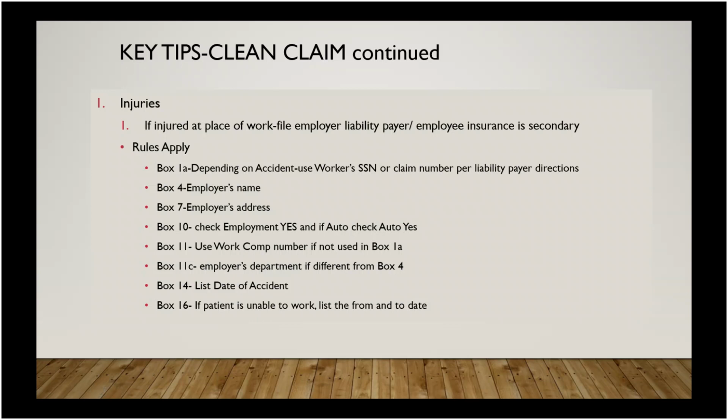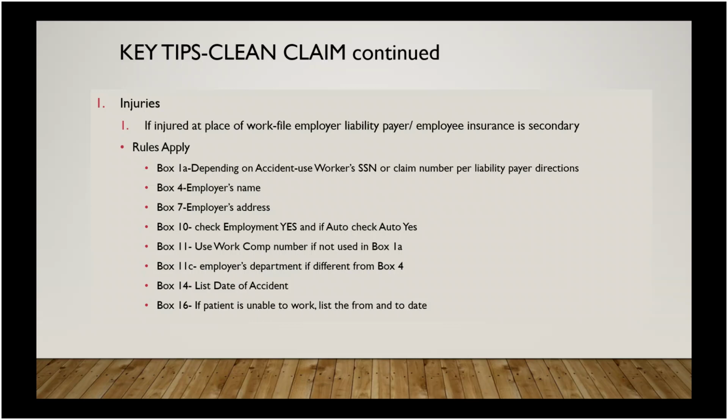Injuries. If the patient is injured at the place of work, you want to file an employer liability payer. Employee insurance is secondary. So again, that liability insurance through the company is going to be billed first, and then their group health insurance will be paid second. Rules that apply, box 1A, depending on the accident, use the worker's social security number or claim number per liability payer directions.